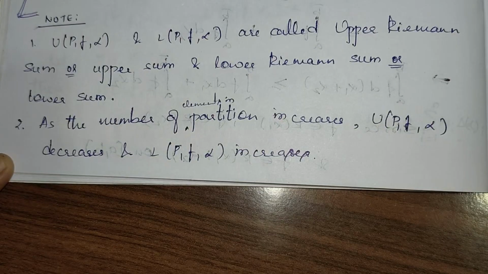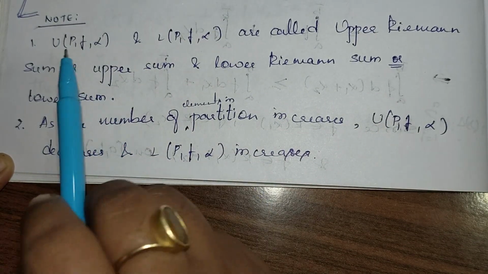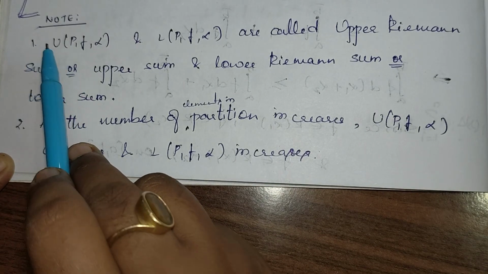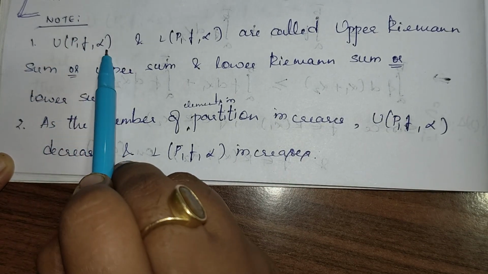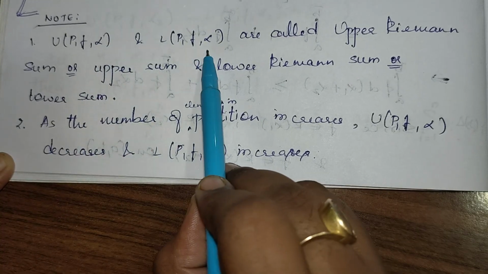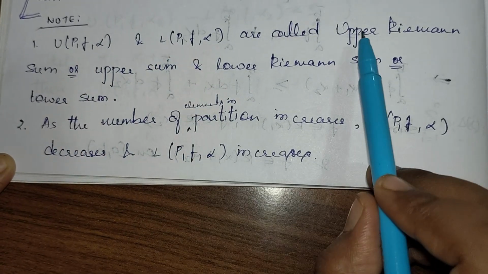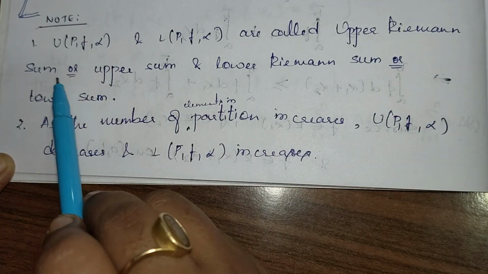Okay. See here, you have some points to note down. First one, U of P comma f comma alpha, upper sum and lower sum. This one, the U of P comma f comma alpha and L of P comma f comma alpha are called upper Riemann sum also.